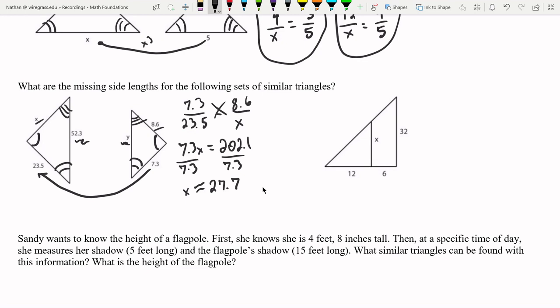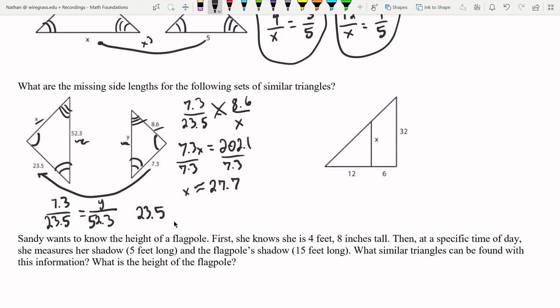Now to solve for y, I'm not going to use the one value that I just had because I rounded this one. I'm going to instead use the numbers that I have been given to solve it. So I'm still going to set it up the same way. 7.3 over 23.5 equals 7.3 and y are on the same triangle, and y is the same thing as 52.3. Okay, cross multiply and divide again.